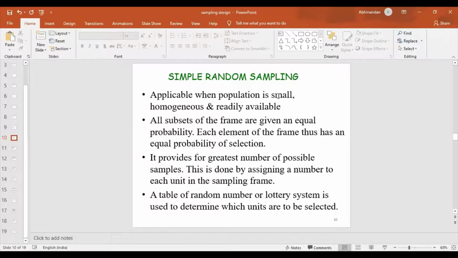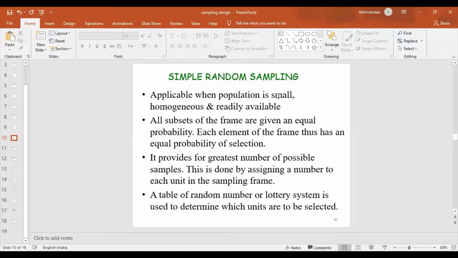How am I going to select those 50 students out of 100? In simple random technique, I use either a table of random numbers or a lottery system. Before that, I have to assign some numbers to all 100 students. For example, I can give roll number or register number.